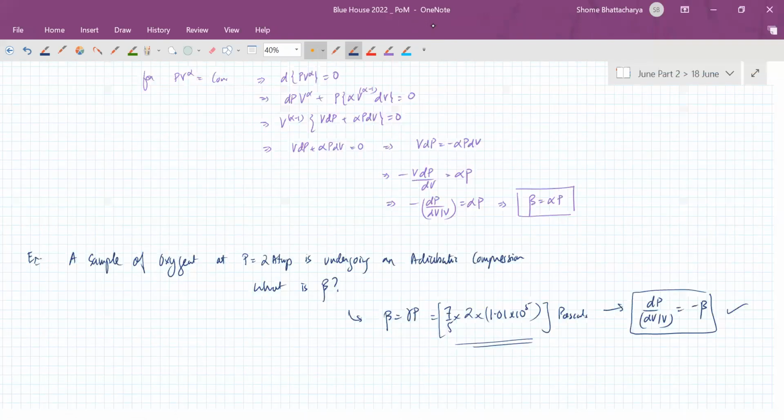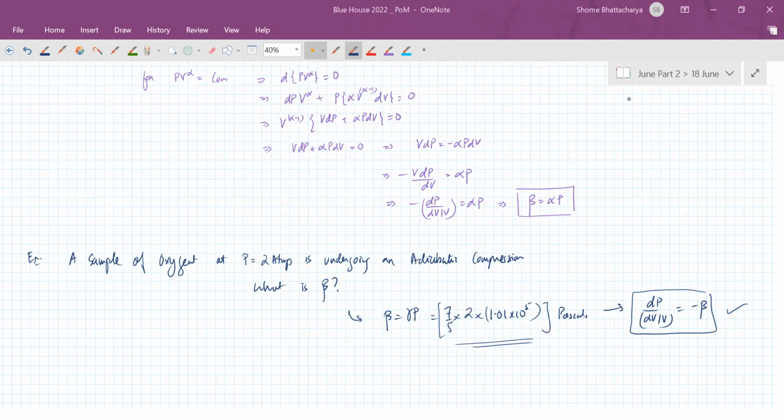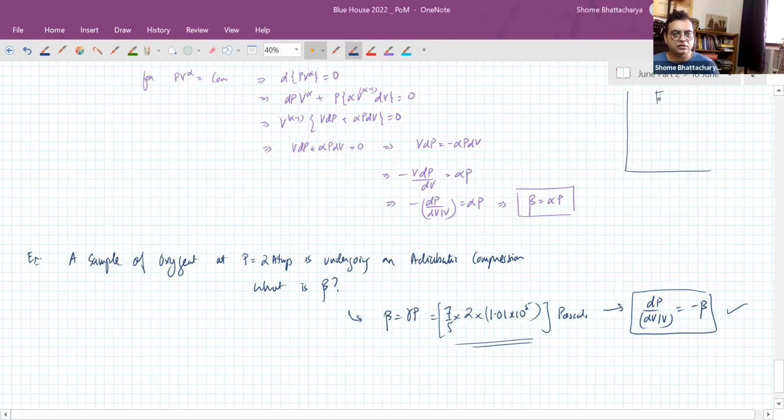Sir, I have a doubt in one question. Tell me. Sir, in one question you have done that volume is directly proportional to R cube. So why have you written it like that? That is the concept of fractional error.